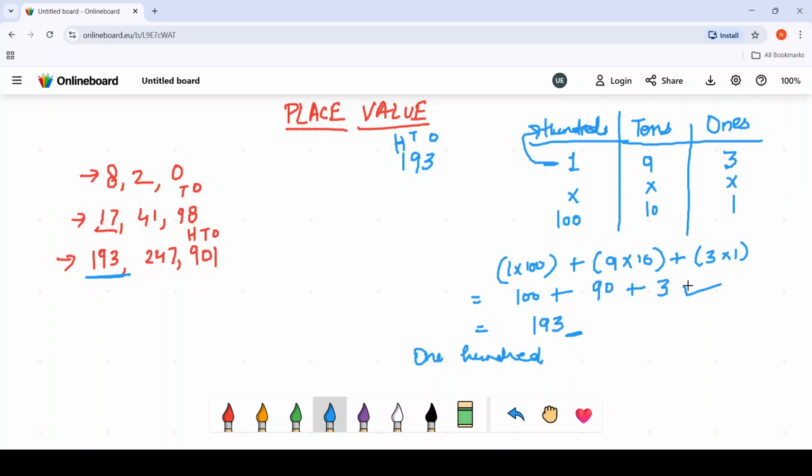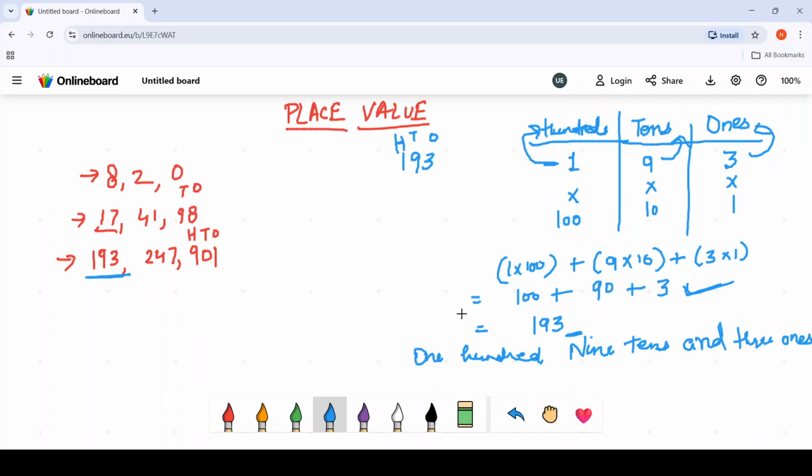This was the expanded form. 100, then 9 tens, and 3 ones. Okay, 3 ones because 3 is at ones place. I hope this is clear with you.